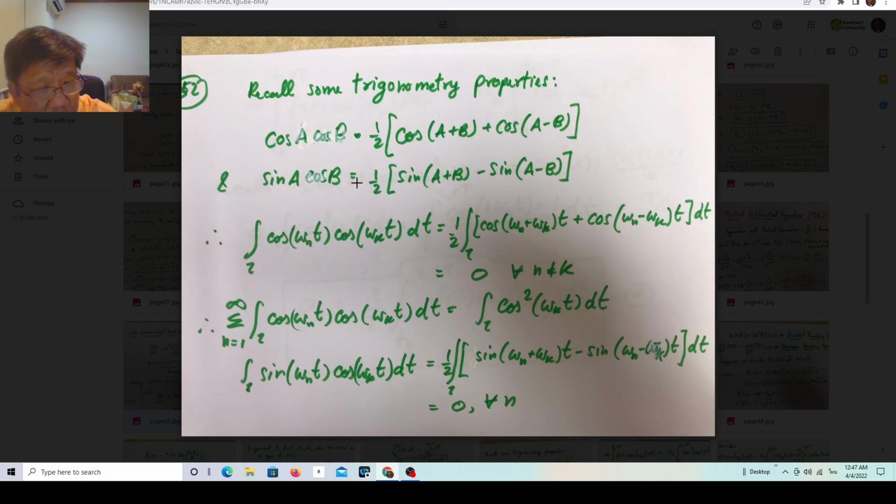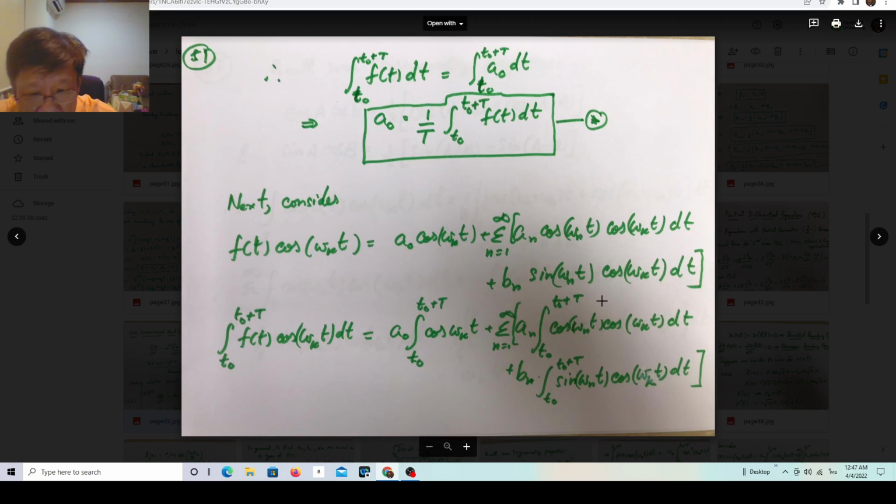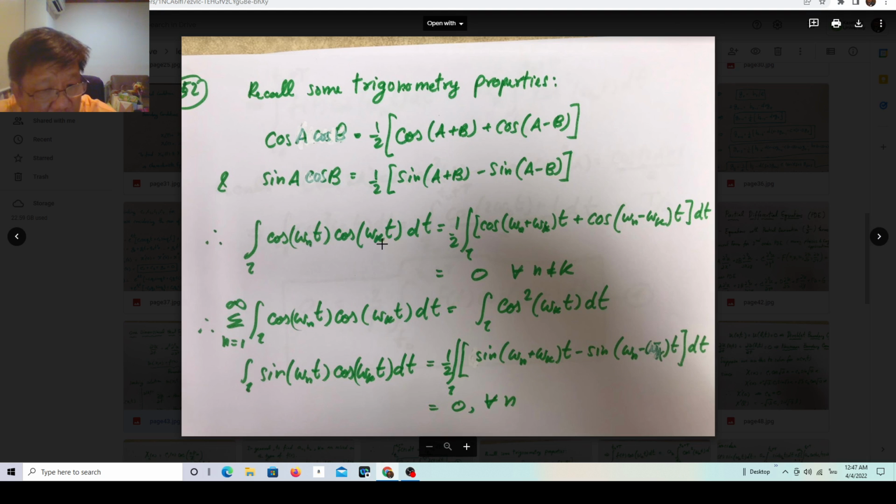Sin a cos b is equal to half of sine of the sum minus sine of the difference. You can easily find this on Google or Wikipedia, including how to prove it. This is the benefit, so you look at this for each term of the integral, and cos becomes cos of the sum and cos of the difference.